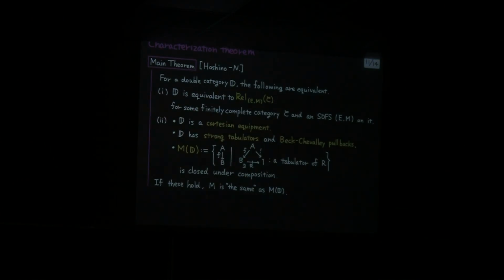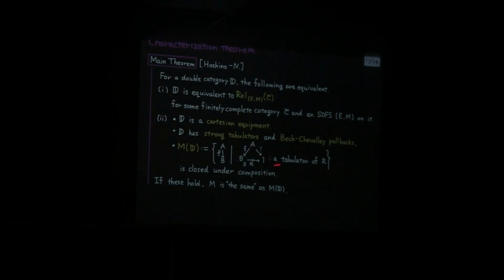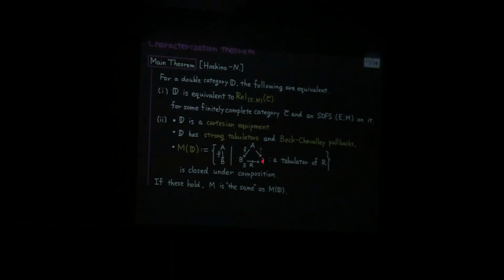And the second one is that the double category has strong tabulators and vector formats. And the third one is the class of vertical arrows which appears as a tabulator of a horizontal arrow into the terminal object. So you can see this F appears as this tabulator.